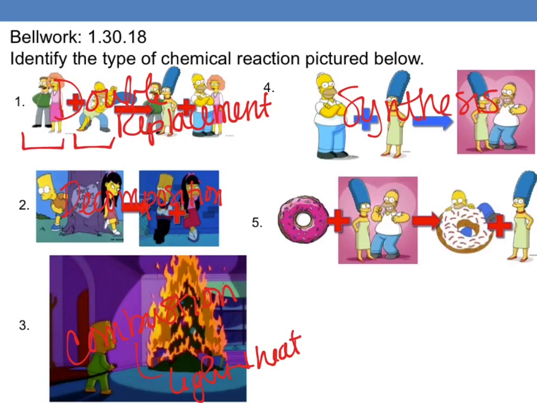And number 5, single replacement. Here, Marge gets replaced by a donut. Yeah, I downloaded it from somewhere. So there you go. There is a visual of what we looked at yesterday.